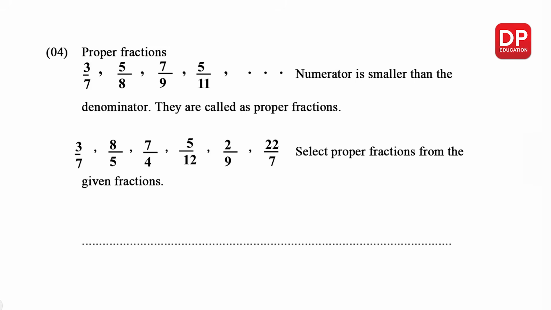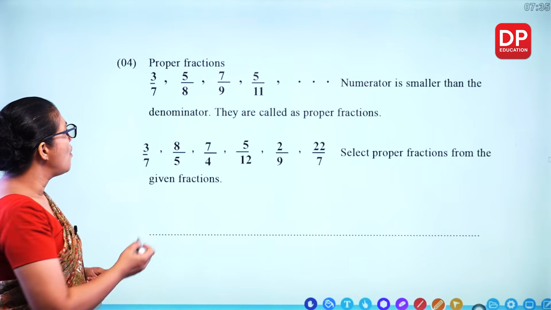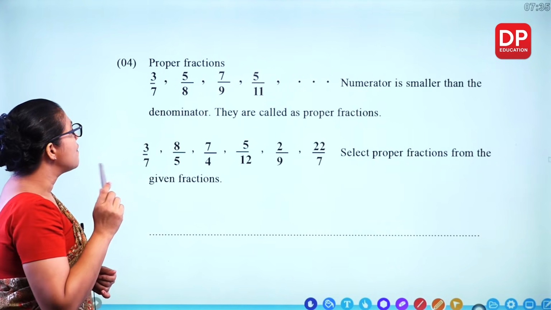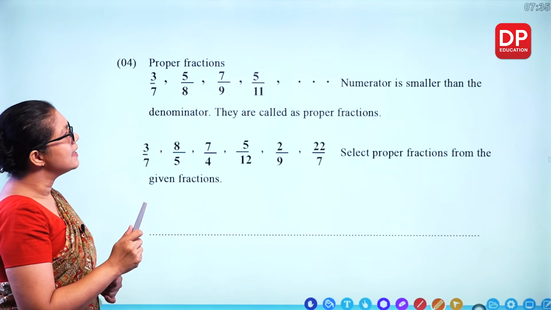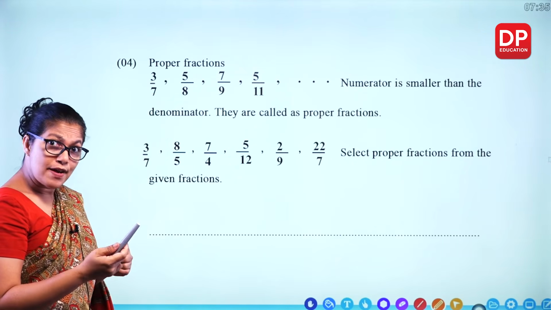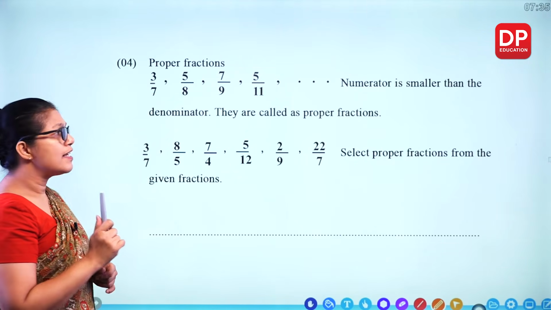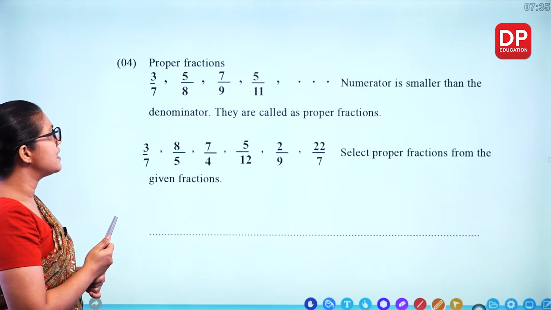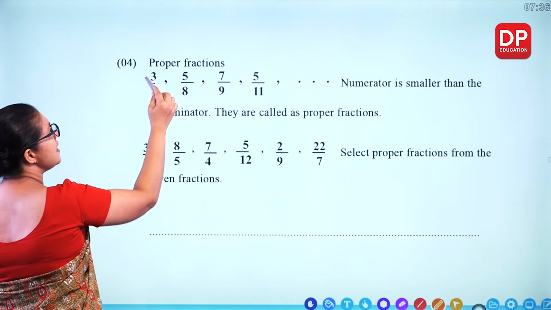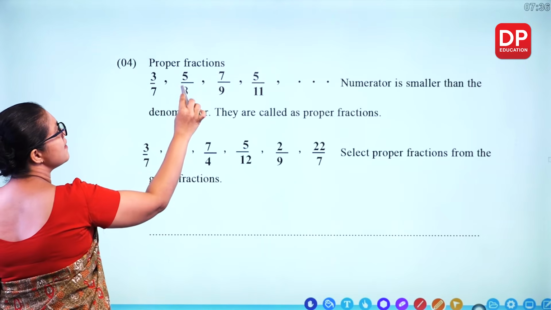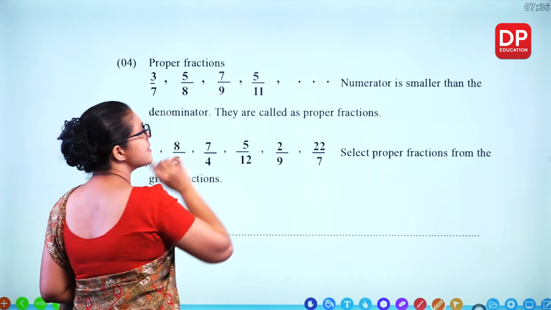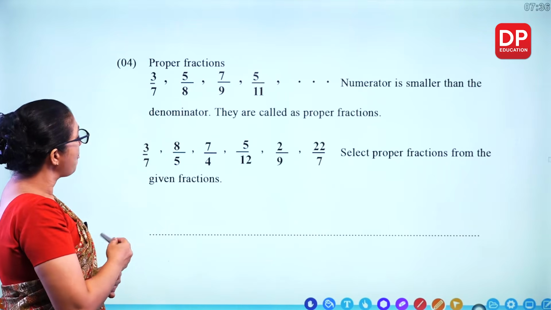Proper fractions. What are proper fractions? When you take the numerator and the denominator, if the denominator is bigger than the numerator, or the other way around, the numerator is smaller than the denominator, we call these proper fractions. 3 is less than 7, 5 is less than 8, 7 is less than 9, 5 is less than 11.